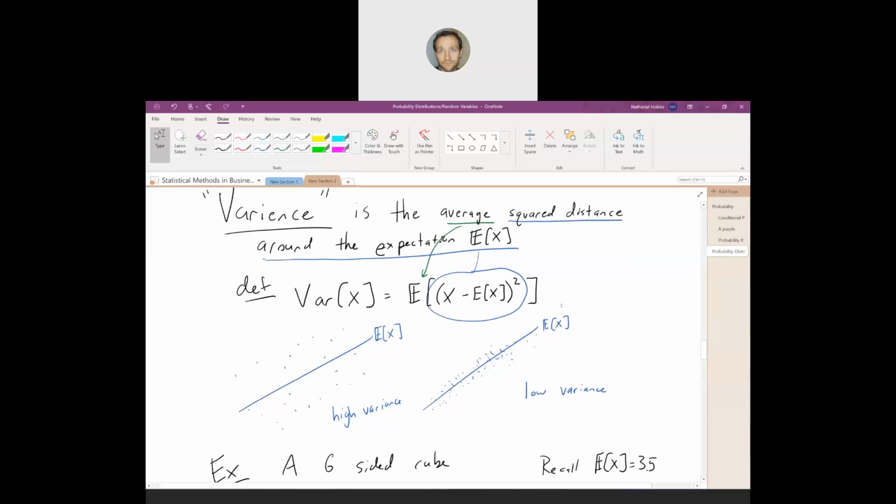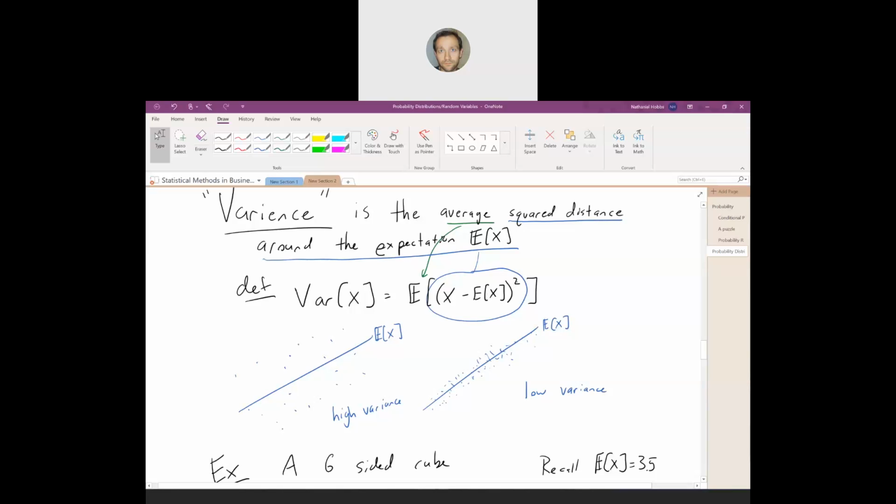The equation is, this is the average, this is the distance from any point to the mean, to the line. So for each point, figure out how far away it is from the line, square it.